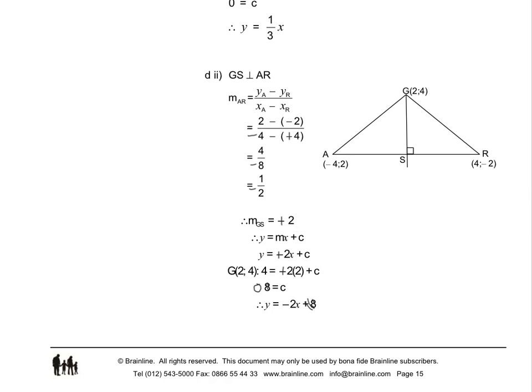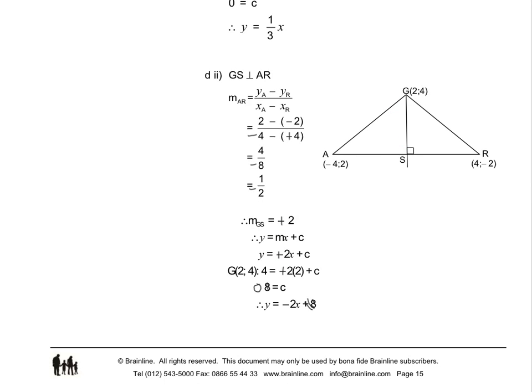If we now want to calculate the gradient of the perpendicular line, we will change the sign from a negative to a positive, and we will toss the fraction, which now becomes 2 over 1, or just 2. Then we use the standard form of the straight line, y equal to mx plus c, and substitute the gradient of the perpendicular line into the equation.